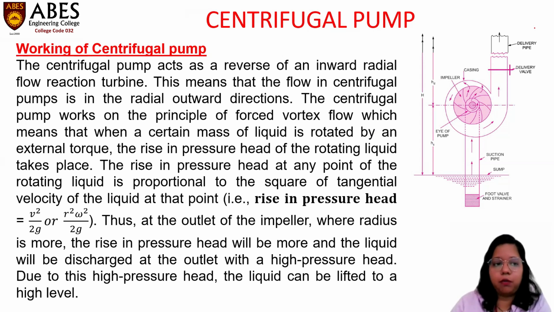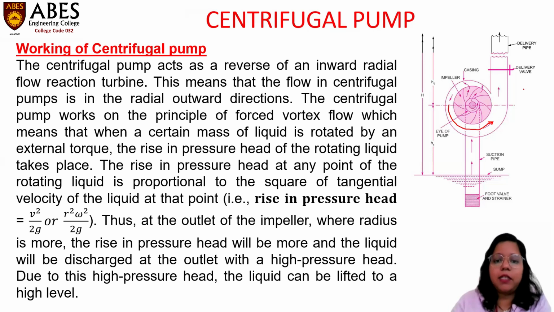The centrifugal pump works on the principle of forced vortex flow, which means that when a certain mass of a liquid is rotated by an external torque, the rise in pressure head of the rotating liquid takes place. The liquid is rotated here by using external torque. That is why the water rises.